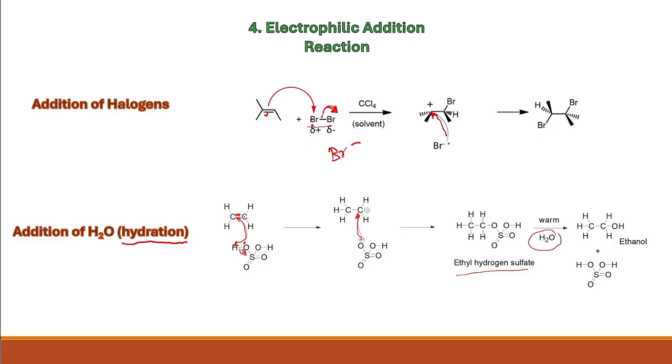Water simply substitutes the sulfuric acid from the alkane, and a hydroxide ion is then added here to give you the alcohol, which is the ethanol, and then the sulfuric acid is regenerated again. This is why sulfuric acid only acts as a catalyst here, because it's regenerated at the end of the reaction, and you end up with your product as ethanol.